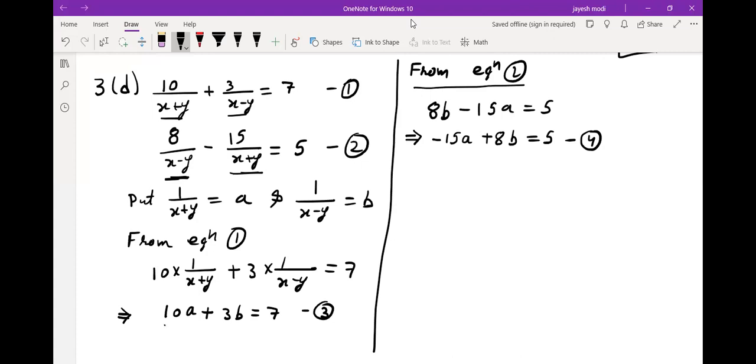The coefficient of a is 10 and the coefficient of a is minus 15. So 10 and minus 15 are the coefficients of a in both the equations which we have obtained after substitution. So first we will find the LCM of 10 and 15, and we know that the LCM of 10 and 15 is 30.